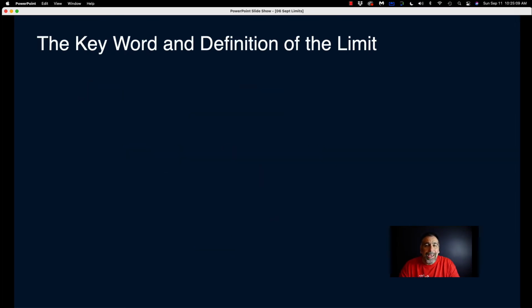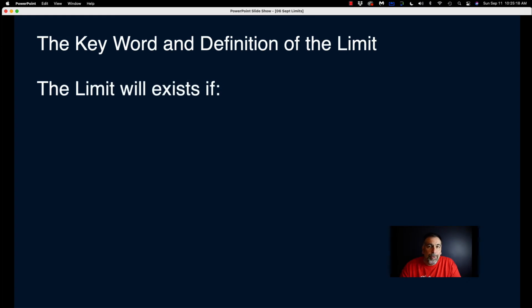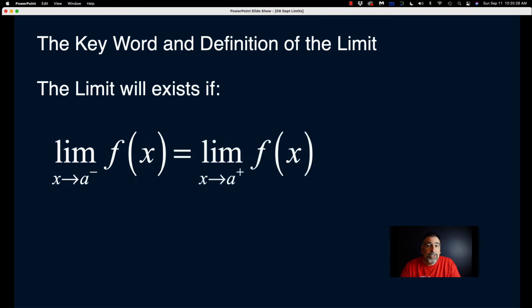Now let's talk about how we're actually going to use limits and earn points on the exam. We're going to be looking at keywords all throughout the year. And the key word in this one is all about telling us whether or not the limit exists. We're going to know that the limit exists if the limit of f of x as x approaches a from the left is equal to the limit of f of x as x approaches a from the right.